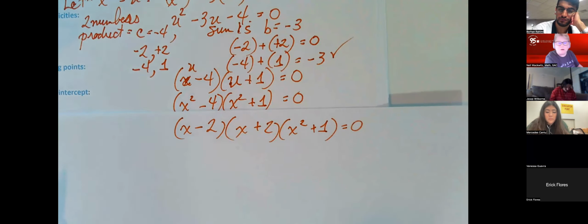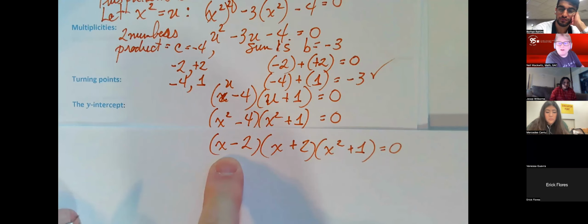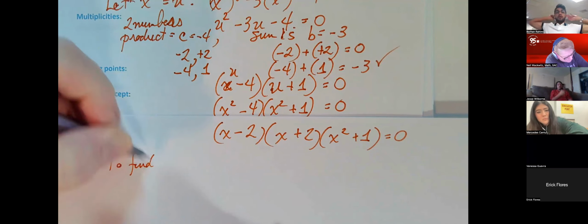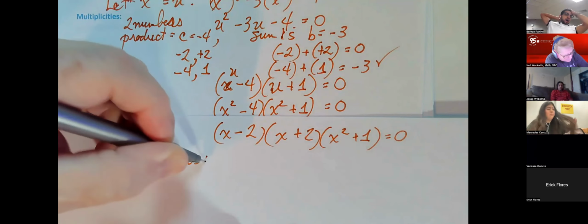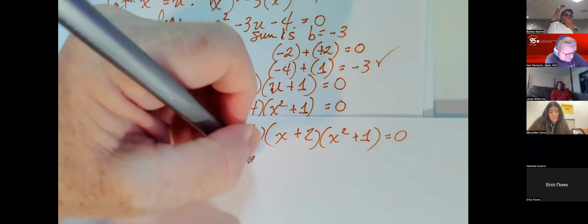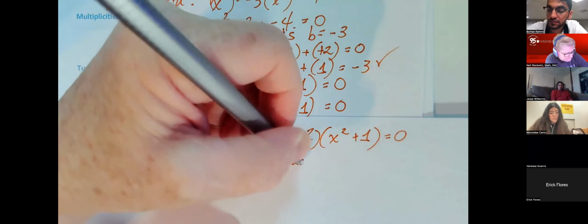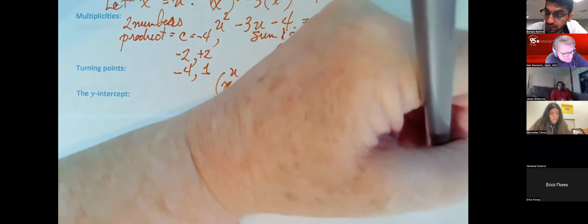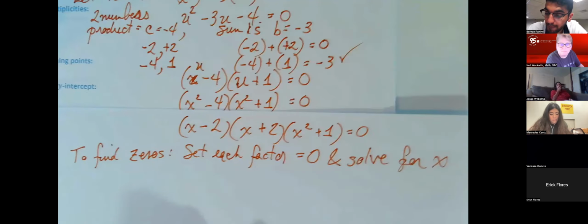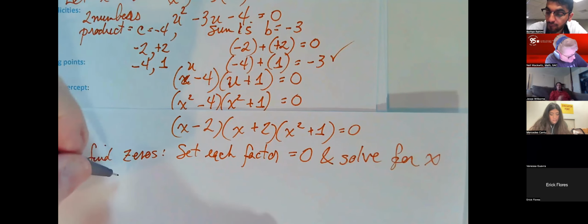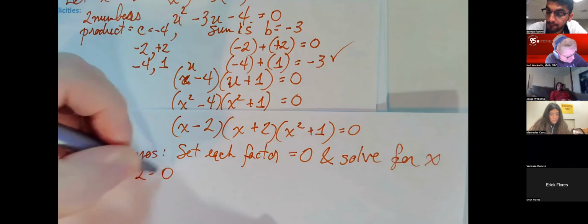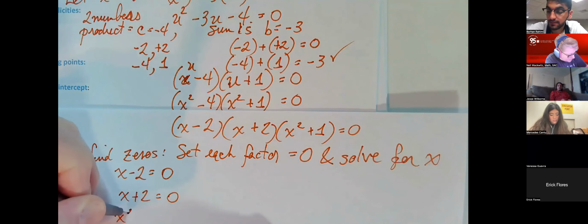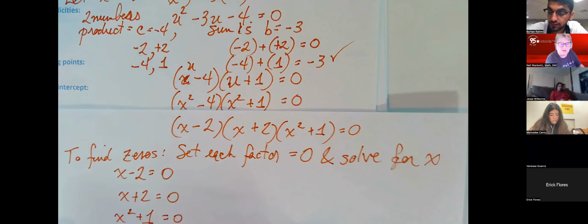Now we've got it all the way factored, and we're going to find the zeros. We're going to set each factor equal to 0 and solve for x. So we set x minus 2 equals 0, x plus 2 equals 0, and x squared plus 1 equals 0.